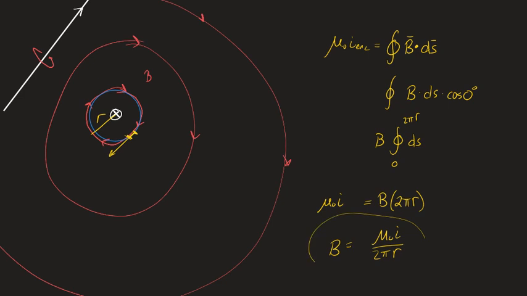Now, I tried to make this point, but I want to emphasize something here. Ampere's law is of extremely limited use. There are going to be the stupid Ampere's law problems where they have 5 currents on a page and they have different loops around them and ask which one has the highest amount of enclosed current, which one has the least amount of enclosed current. You know what I'm talking about, right?